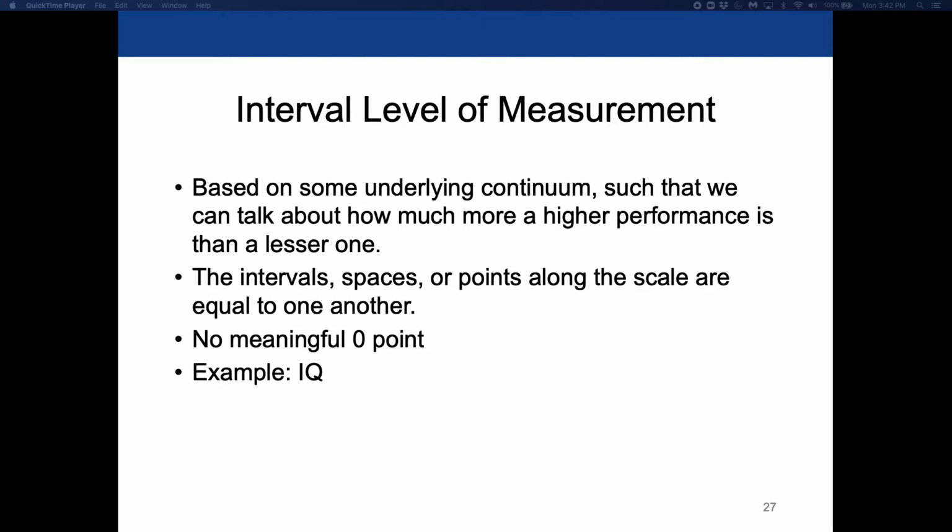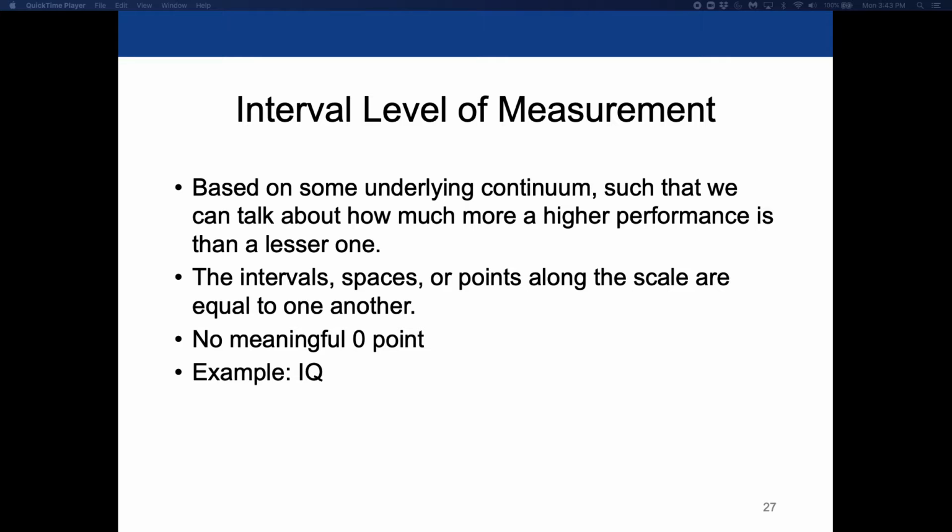Then we have the interval level of measurement, which is a little more complex than the ordinal level. With each increasing level, we're adding additional levels of complexity. With interval level of measurement, there's an underlying continuum that has equal spaces or intervals along the scale, almost as if we have a measuring tape with inches equally spaced out, that each additional inch is the same as every other inch, and there's an increasing number of length, for instance.